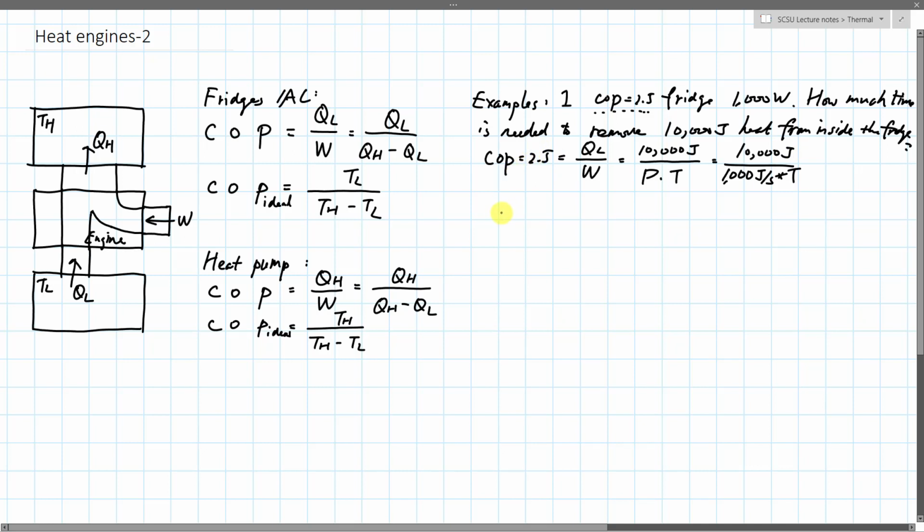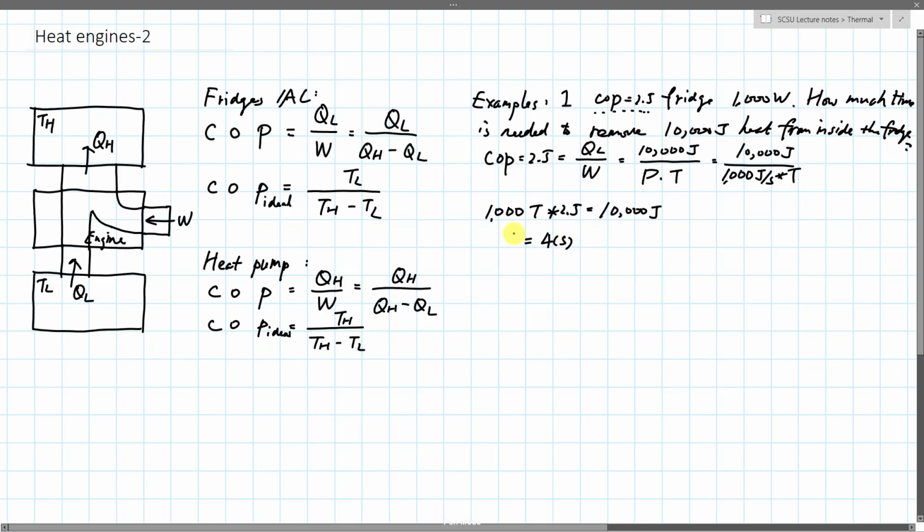So 1,000 T times 2.5 equals 10,000 joules. Let's keep the joules here, and T is equal to 10,000 over 1,000 is 10, and 10 over 2.5 is 4 seconds.